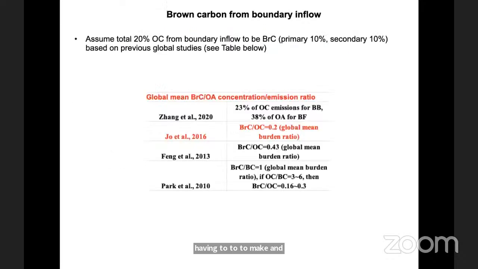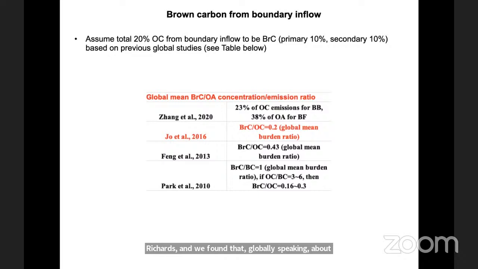Overall, we also need chemical boundary conditions coming from the global models to drive the WRF-Chem regional simulations. So what we do is go through all the literature, and we found that globally speaking, brown carbon accounts for about 20% of the total organic carbon concentrations.